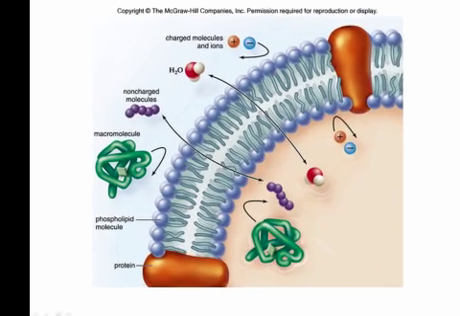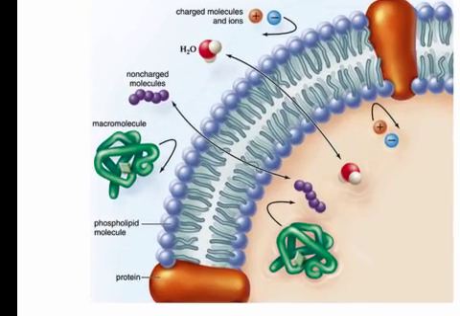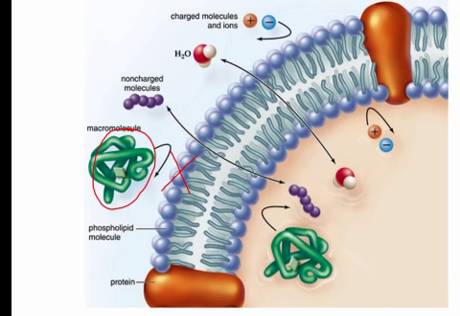So here's a diagram. Certainly large macromolecules, such as proteins, large carbohydrates, even simple sugars, monosaccharides, are just simply too large to pass between the phospholipids. And so large molecules are blocked. They cannot freely diffuse across the membrane.